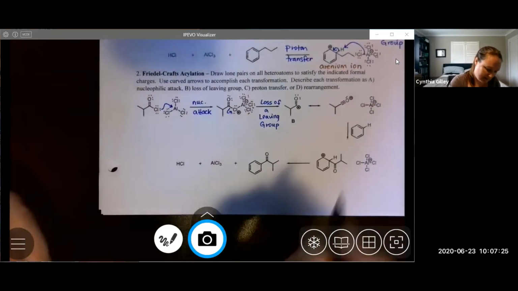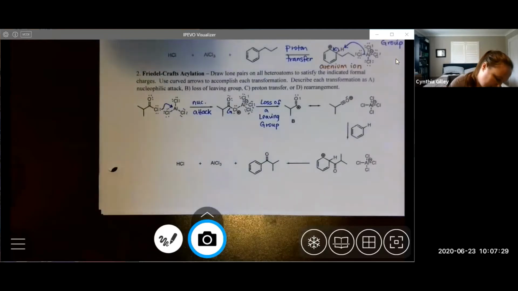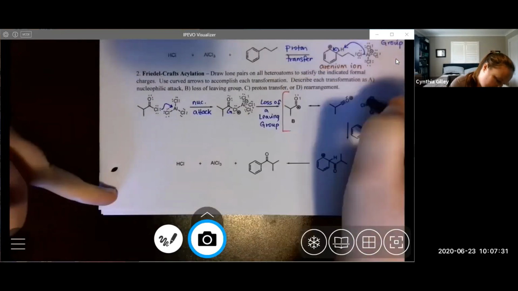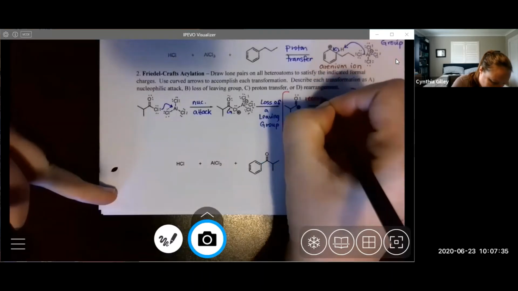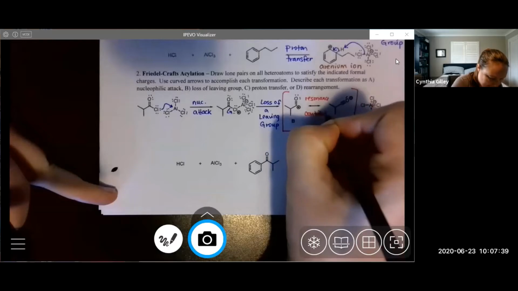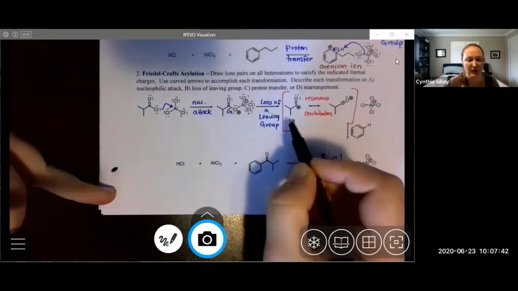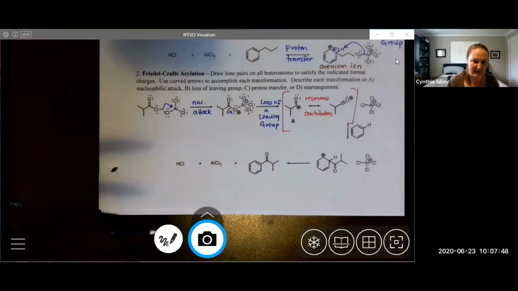Notice here the resonance arrow. Sometimes people will even put brackets around resonance structures to really point out that this isn't a mechanistic step, it's just drawing two resonance contributors. So because it's a resonance stabilized carbocation, it's much more stable than a primary carbocation.